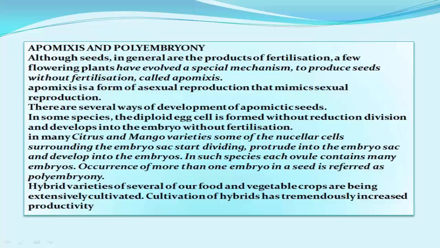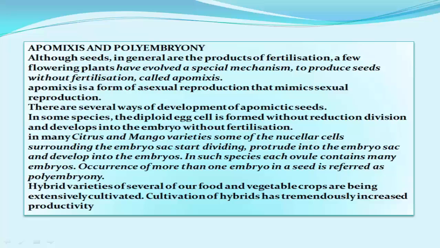That is why it is said to be a mimicry of sexual reproduction, because normally without fertilization seeds are not generated. But here fertilization is absent, which means it is asexual, but still it is producing seeds, which is a mimicry of sexual reproduction.